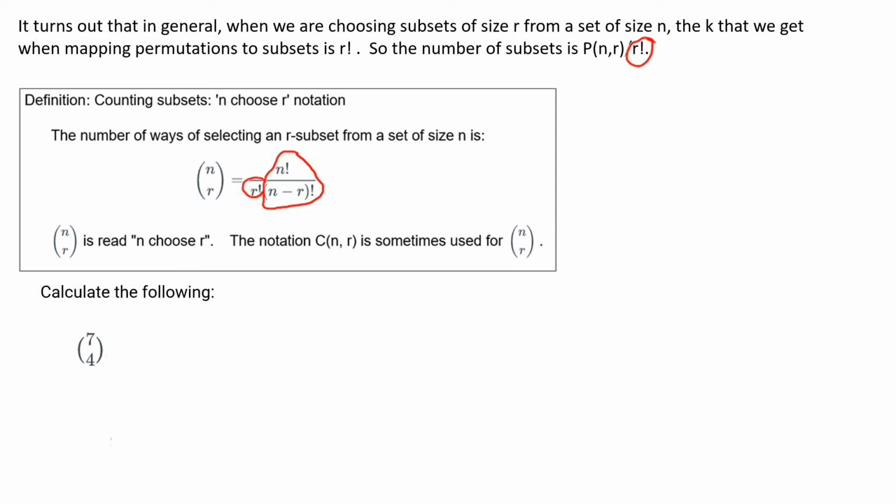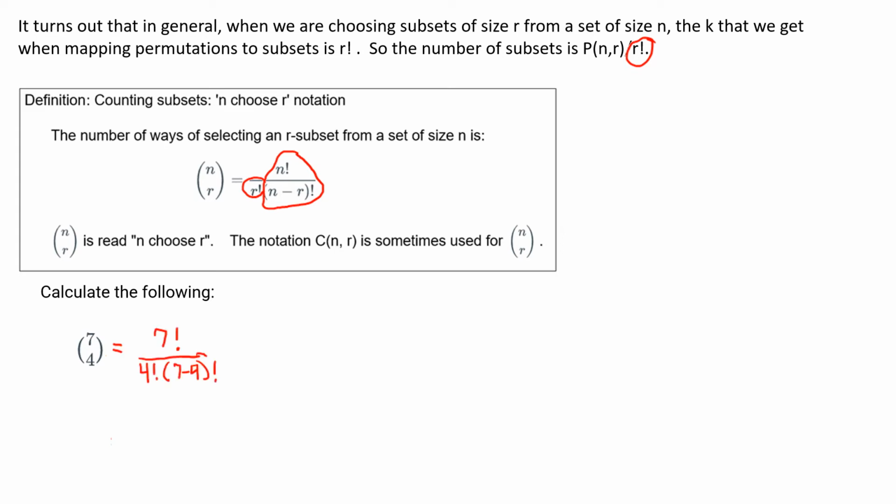So let's see if we can calculate 7 choose 4. Again, that's the number of subsets of 4 items out of a set of 7 items. Well, we'll use this formula up here.